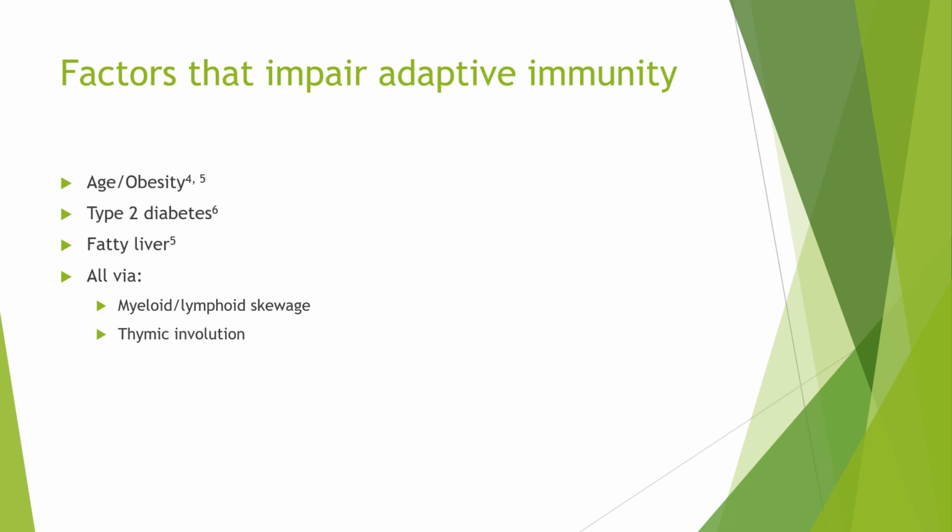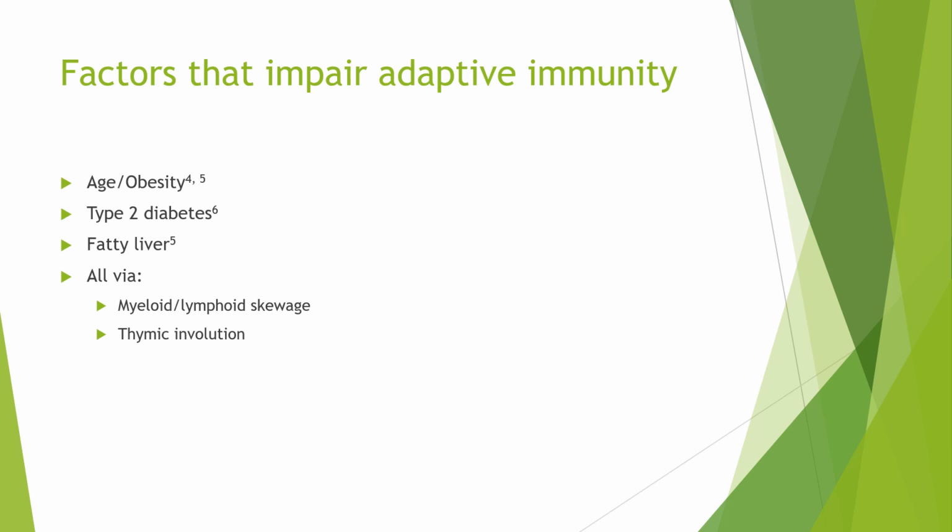You get what's called a myeloid to lymphoid cell skewing, meaning you're going to have more cells that create inflammation and fewer cells of the lymphoid origin, such as T cells, that can recognize specific viruses and target them for destruction and kill them. And you also have thymic involution, which actually occurs very rapidly in us. Within the first decade, maybe 15 years of life, our thymus will essentially shrink.